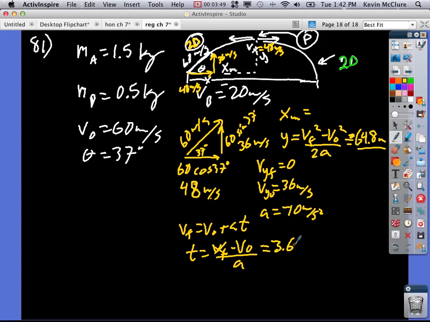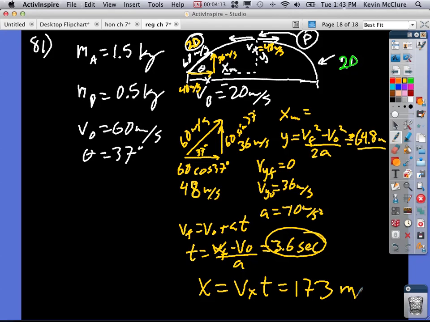It's going to give me 3.6 seconds. So it's 3.6 seconds to the top, so then I can multiply 3.6 seconds times 48 meters per second, because x is equal to Vxt, and that's going to give me 173 meters. So this is 173 meters, and y is 64.8 meters.